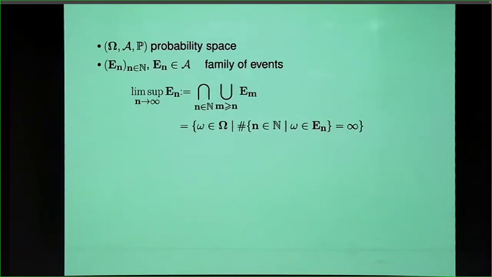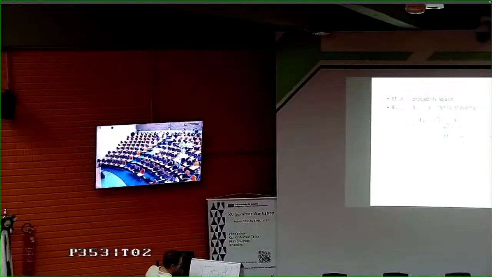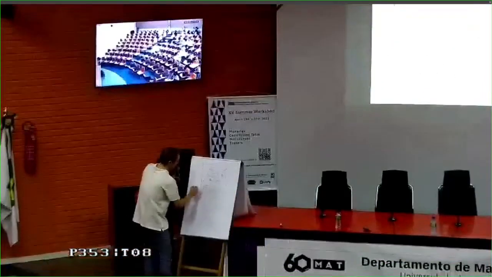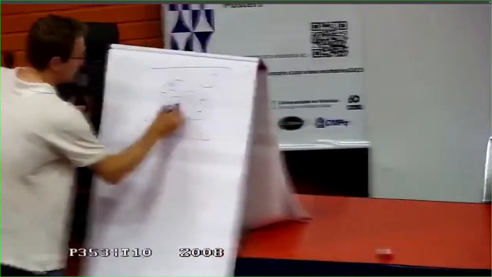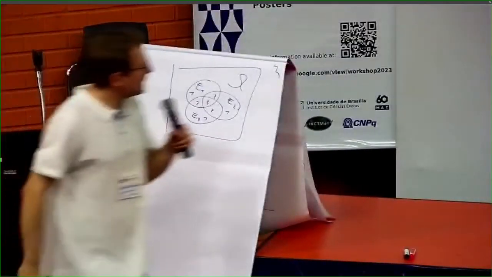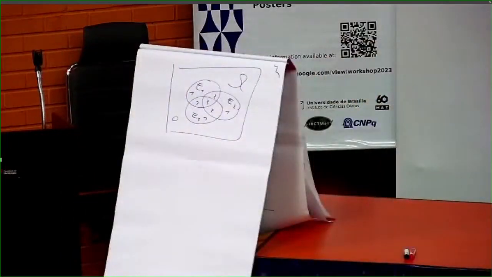If you make the picture of the intersections, here we have E1, E2, E3, and then you look in how many of them omega lies: here in none of them, here in 1, here in 2 of them, and here in 3. The lim sup is just all those omegas where we are in infinitely high towers of intersections.